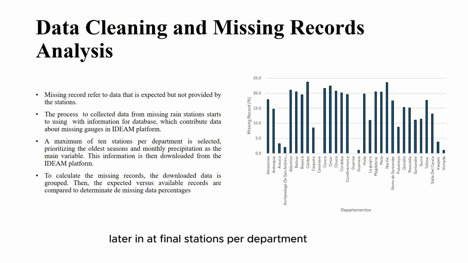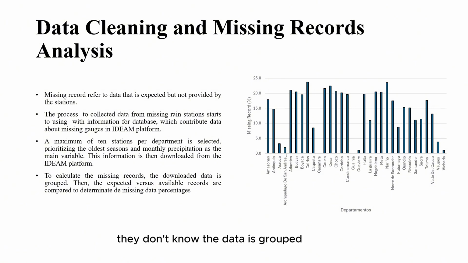Later, a maximum of 10 stations per department is selected, prioritizing the oldest stations and monthly precipitation as the main variable. This information is then downloaded from the IDEAM platform. Finally, we calculate the missing records.